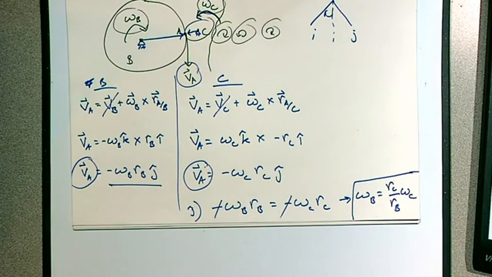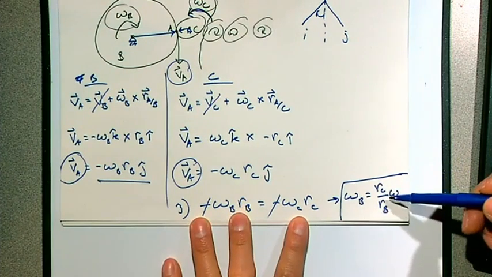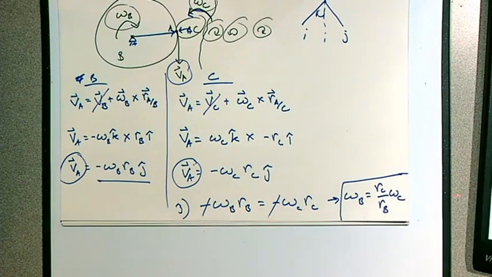We just have a nice way to relate now the angular velocity of one body with respect to the angular velocity of its adjacent gear, if these are connected that way. And all it is, is a ratio of the radii.